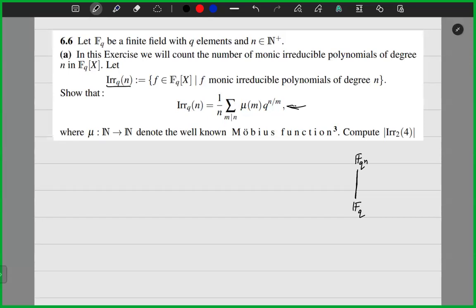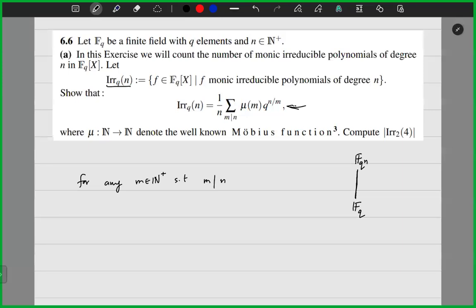So for any divisor m, that is any m such that m divides n, we have intermediary fields, right?